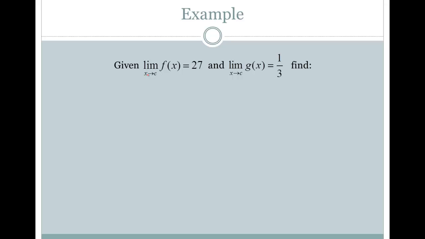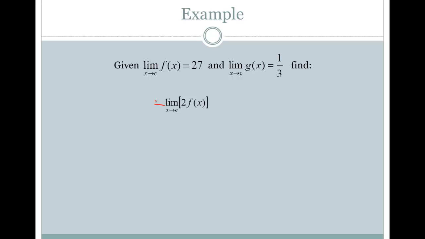Given that the limit as x approaches c of f of x is equal to 27, and the limit as x approaches c of g of x is equal to 1/3, I want to know the limit as x approaches c of 2 times f of x. Here I can break that up.